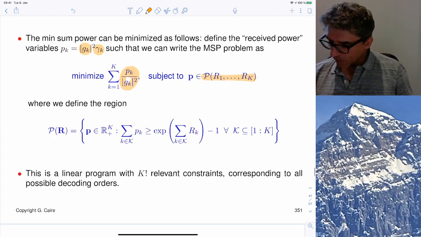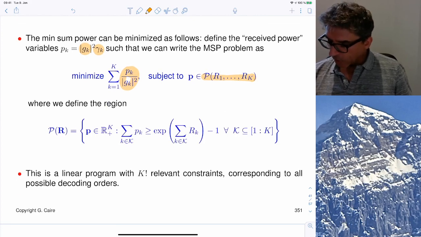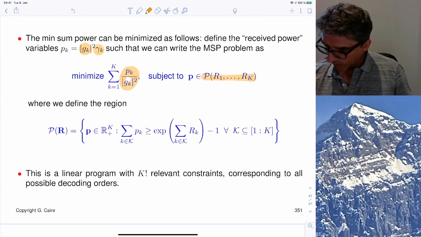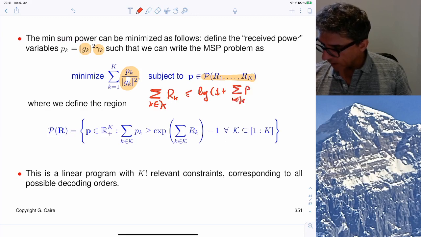And this power region is obtained by simply inverting the inequalities. So we have the inequality of the type sum over set K of the rates less or equal than log of 1 plus sum over set K of the received powers.